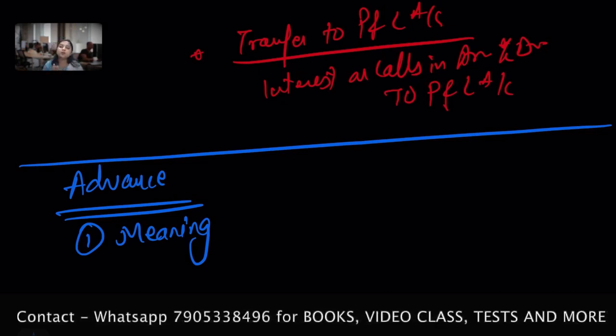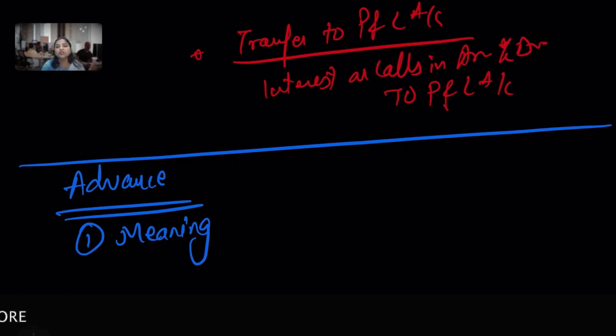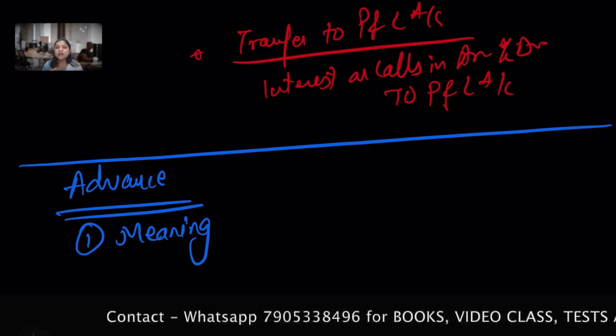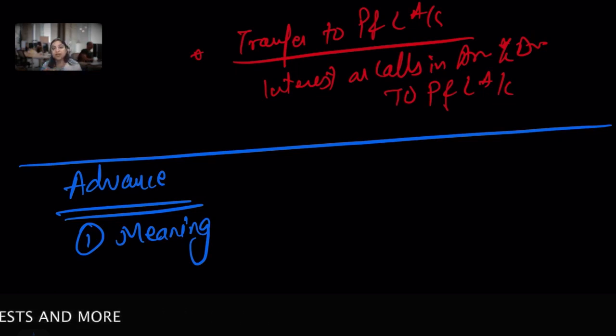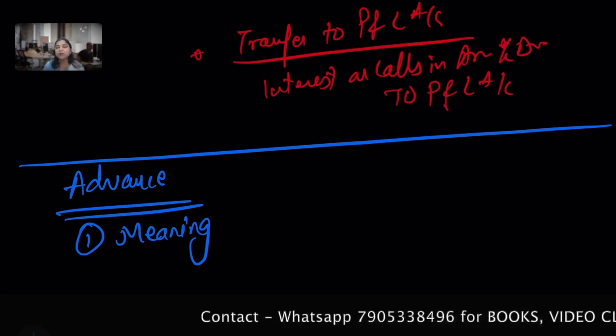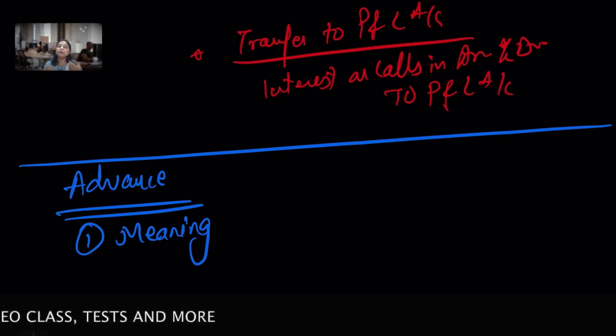So there are a number of shares which are allotted, maybe a situation in which we can see calls in advance. So Section 50 of the Companies Act states that a company, if authorized by the articles of association, may accept from any member the whole or part of the amount remaining unpaid, even if that part of the amount has not been called up. That means I didn't ask you to pay, but you paid it.